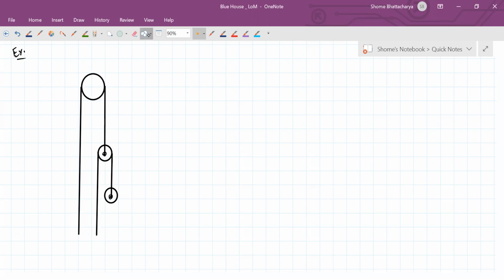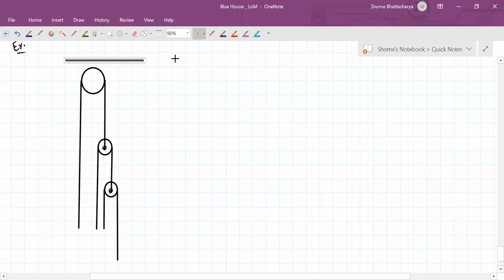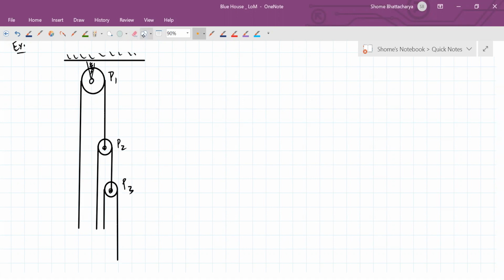Okay, so we just have one more added pulley compared to last one. So this pulley P1 is attached to a fixed wall, I mean fixed ceiling, but P2 and P3 are attached to threads like this.